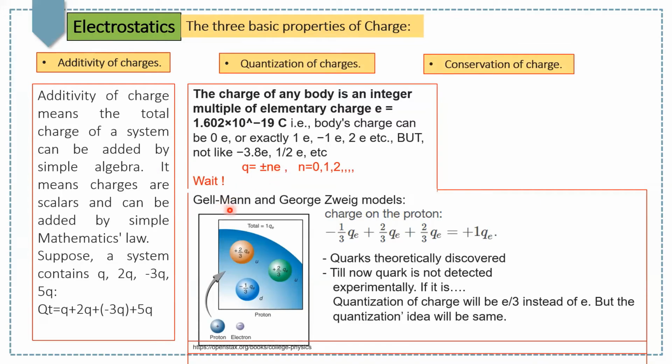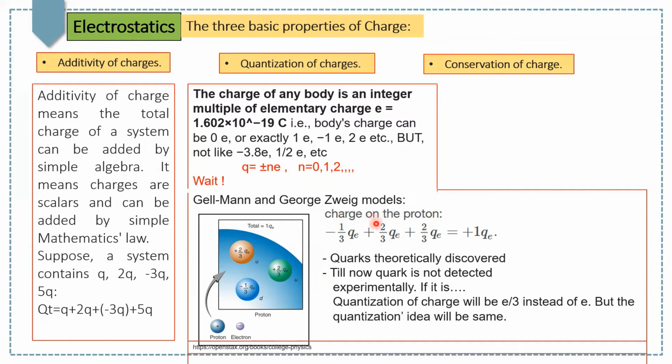But in 1964, Gell-Mann and Zweig independently proposed that all elementary particles, for example, electron and proton, are built up of elementary particles called quarks.